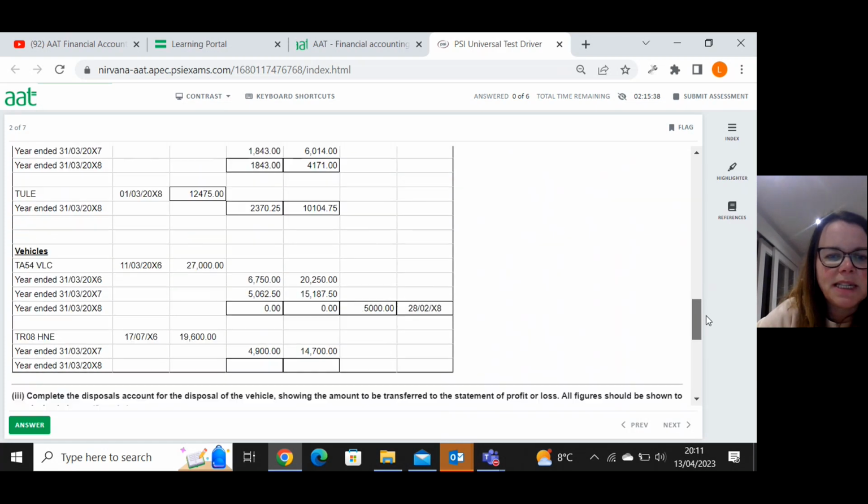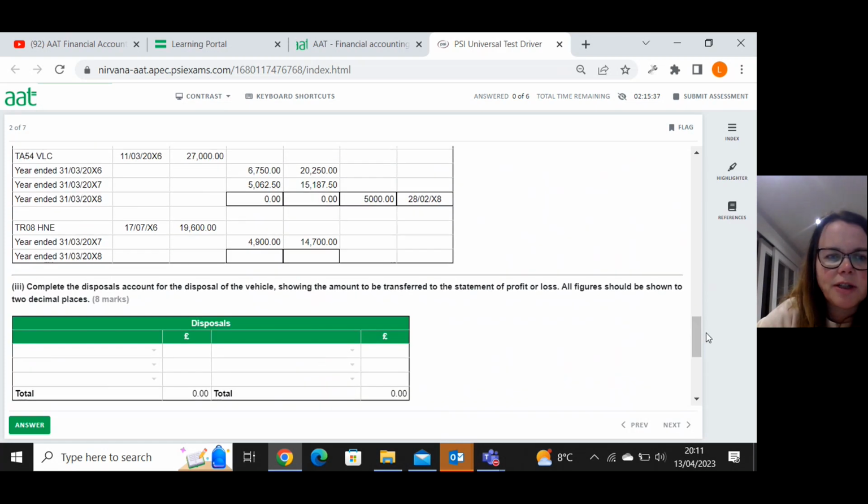So 25% reducing balance. So when we have reducing balance, we apply the percentage to the carrying amount. So straight line, you apply the percentage to the depreciable amount, with diminishing balance, reducing balance, whatever they prefer to call it, you apply the percentage to the carrying amount, which here is 14,700.